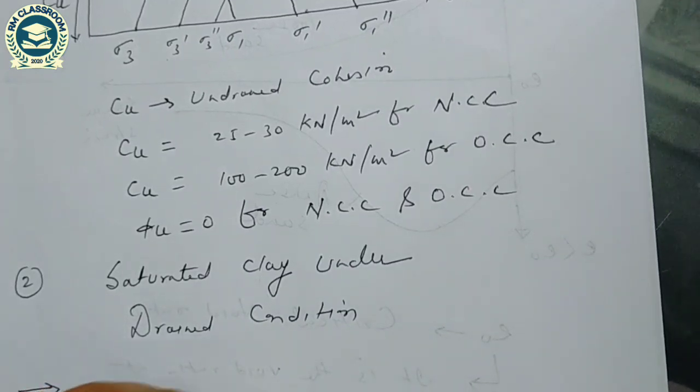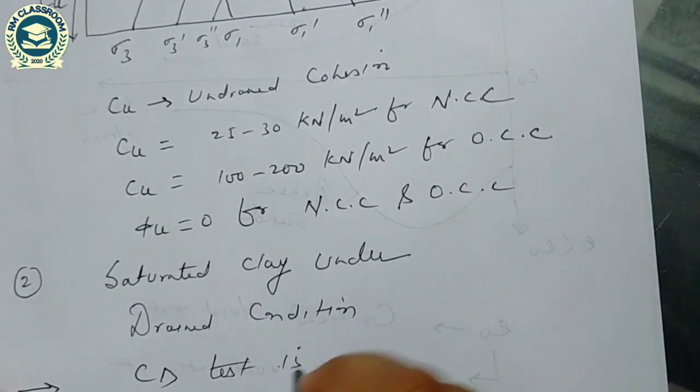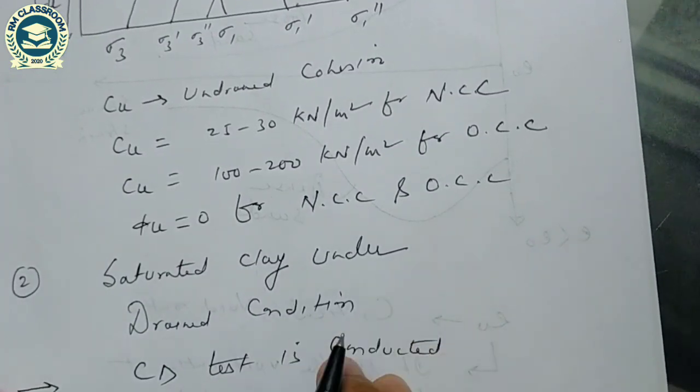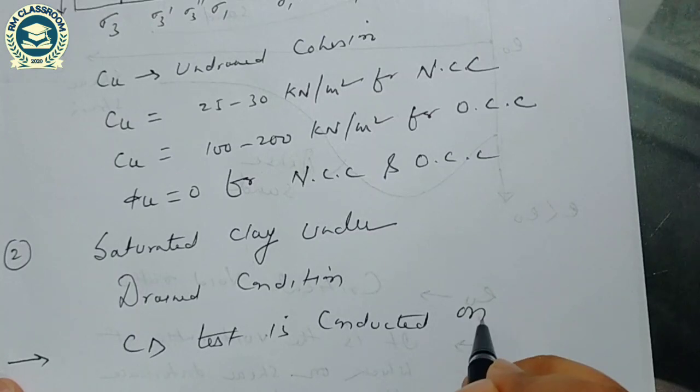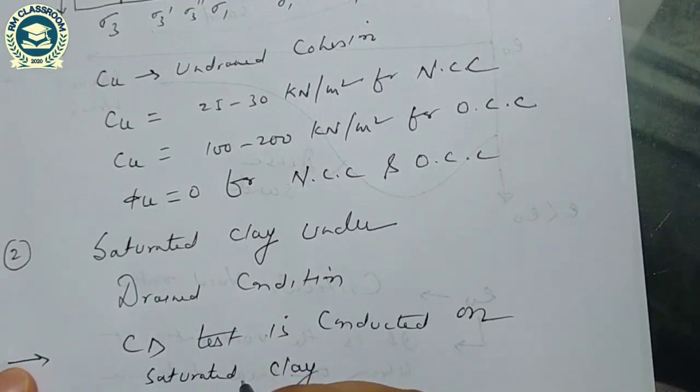So a CD test, consolidated drained test, is conducted on saturated clay, and then we get the result for normally consolidated clay.